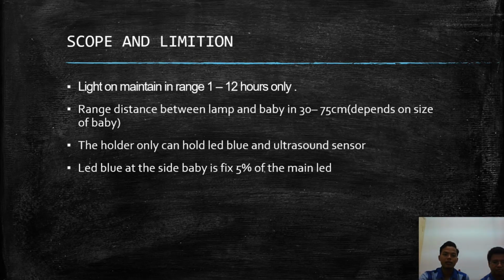Second, the range of distance between lamp and baby is 30 to 75 centimeters, depending on the size of the baby. The holder can only hold the blue LED and ultrasound sensor. And the last limitation is the blue LED at the side of the baby is fixed at 50% of the main LED.